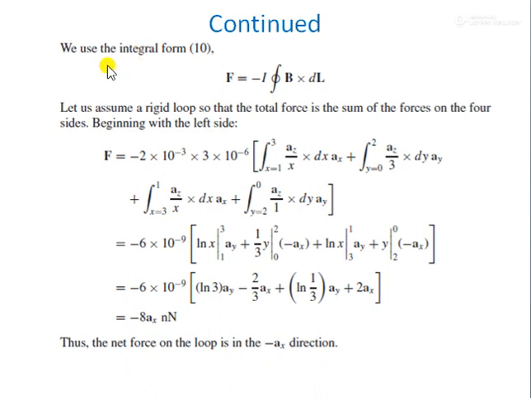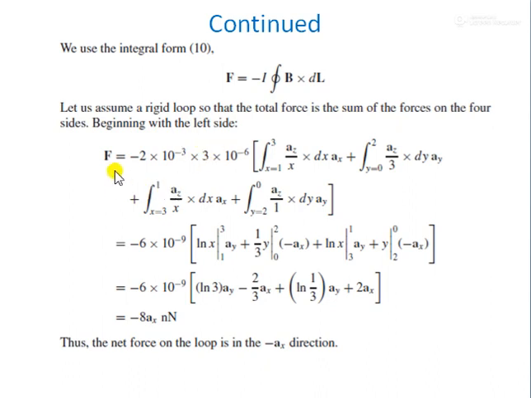So we use the integral form, that is F is equal to minus I integration over the closed surface B cross dl. Now let us assume a rigid loop so that the total force is the sum of forces on the four sides, beginning with the left side.